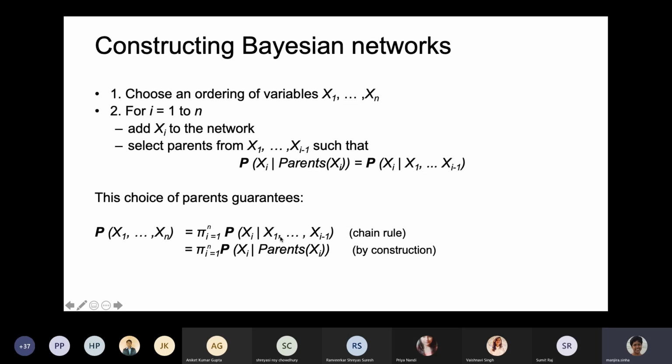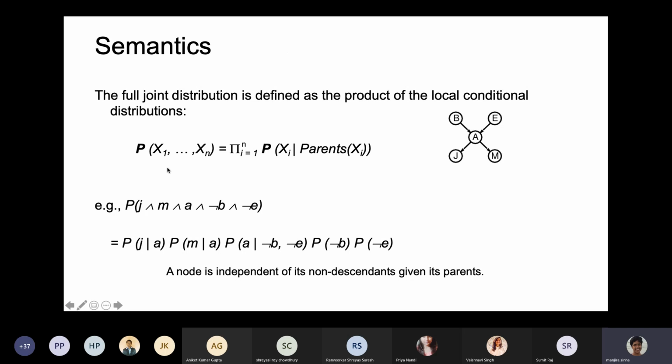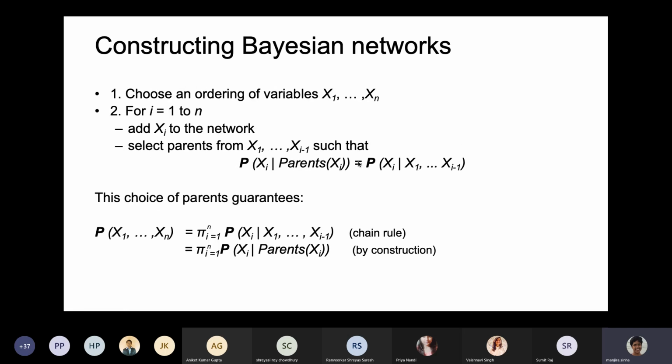It will be like P of x1 into P of x2 given x1 into P of x3 given x1, x2, P of x4 given x1, x2, x3 and so on. But as by definition we have also chosen this condition, we can reduce this to the local conditional probability of xi given its parents, which is actually our rule of the Bayesian network. Now, how do we construct it in practice?